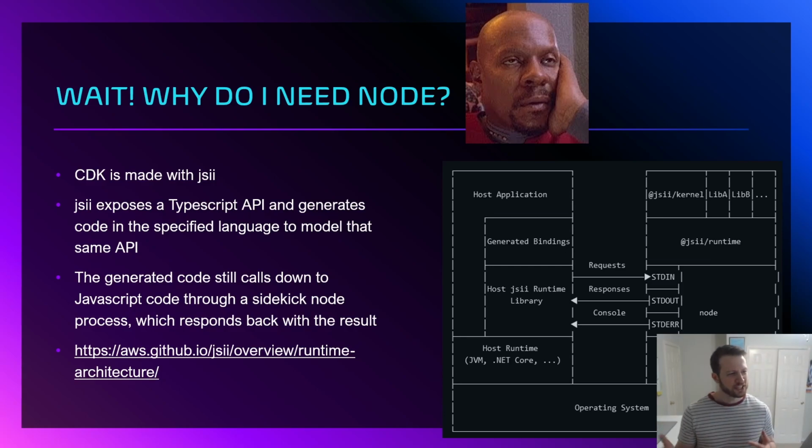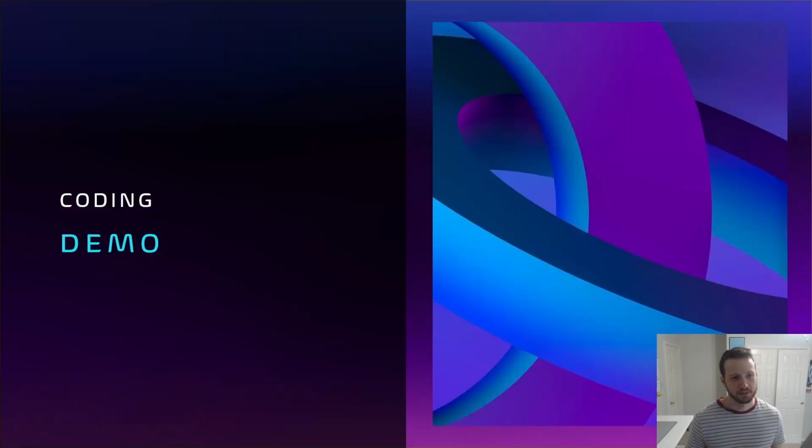But it's really just a facade. While the public API is exported over, there's a child node process running that gets called down to. So you're still running JavaScript code when you call this stuff. All that to say, that's why you need Node installed. So a little bit of behind the scenes of how that works.